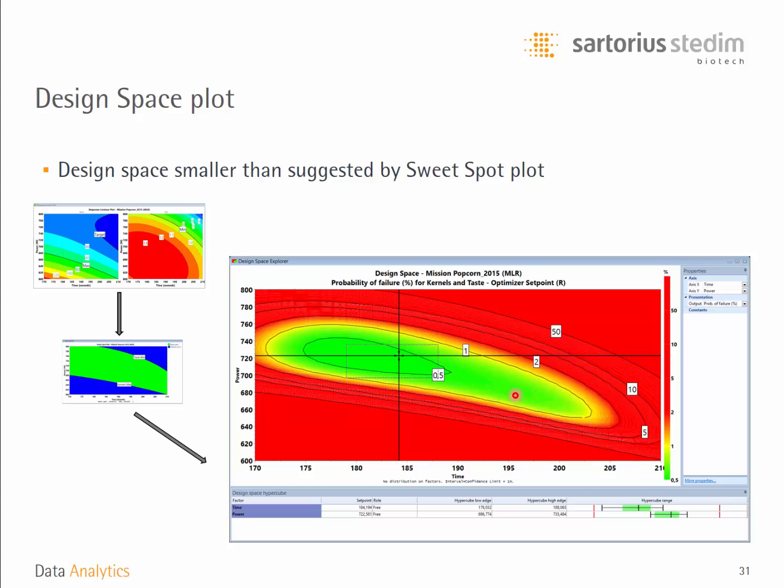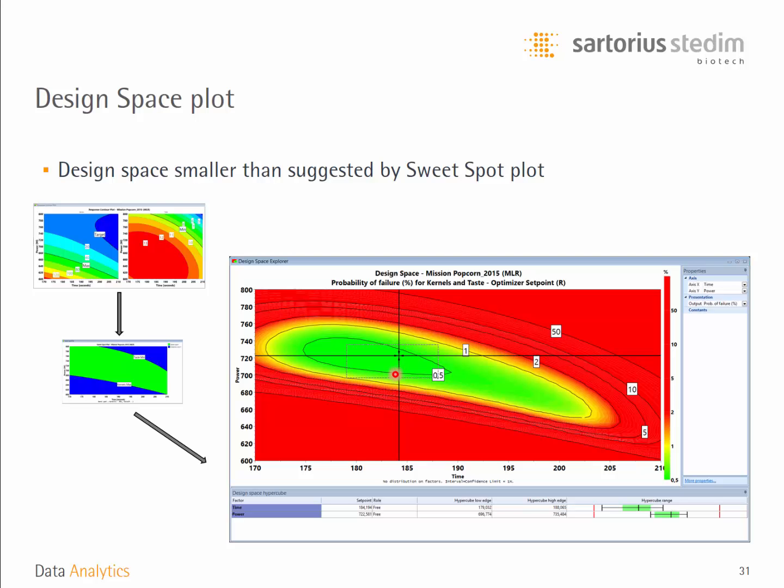In addition to that, the toolset in MODDE will also indicate a so-called recommended setting for running this system, where we have maximum distances, or margins, to the borders of the design space. That coordinate we call a set point, and its position is indicated by the crosshairs.